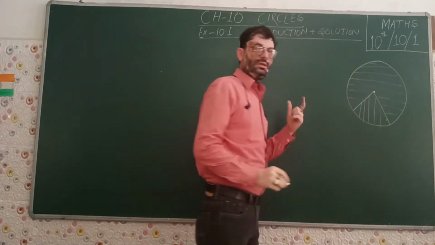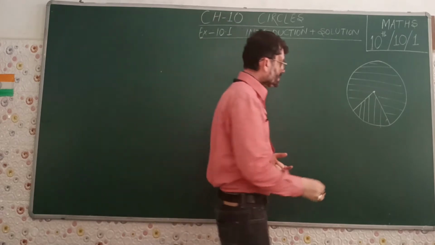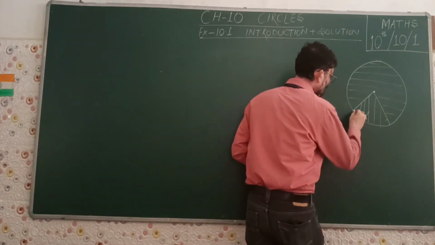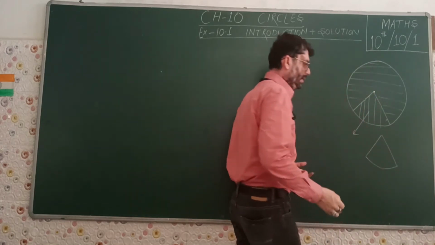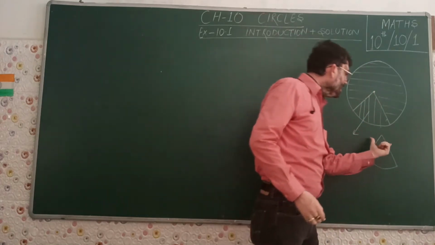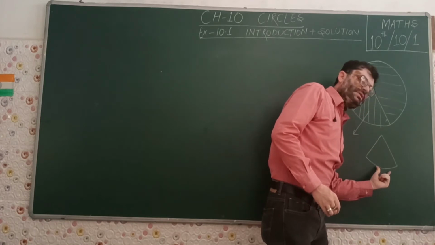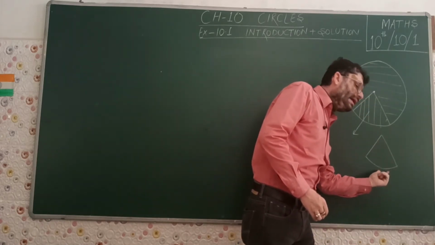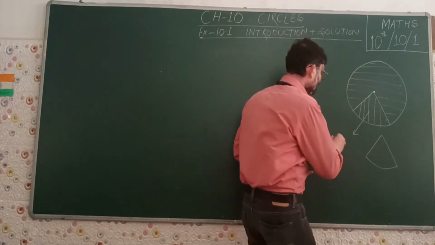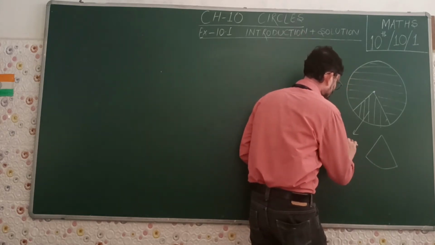Now, what do we call such areas? This shape includes 2 radii and an arc of a circle. So the area enclosed between the 2 radii and an arc of the circle is termed as a sector.